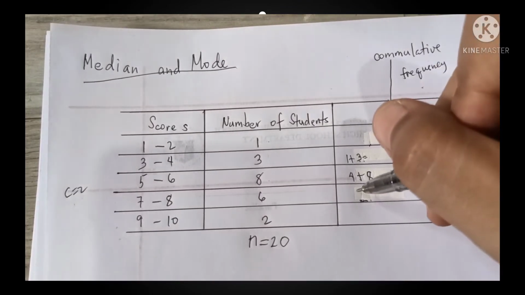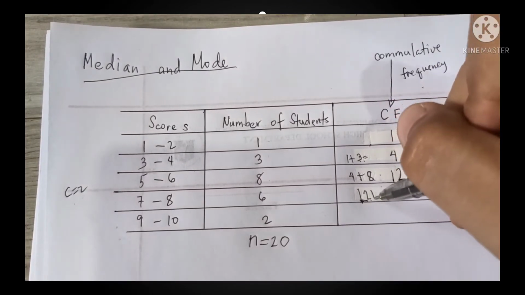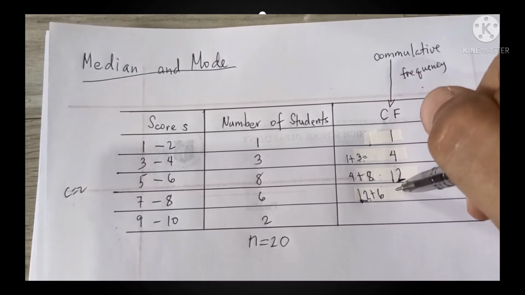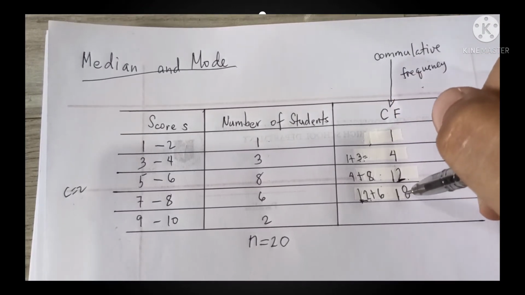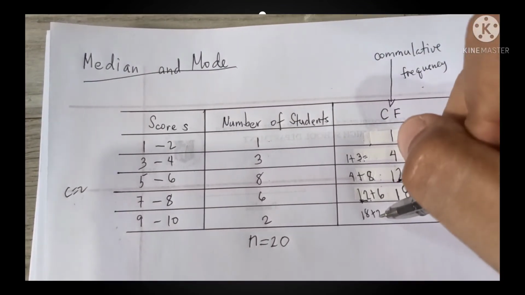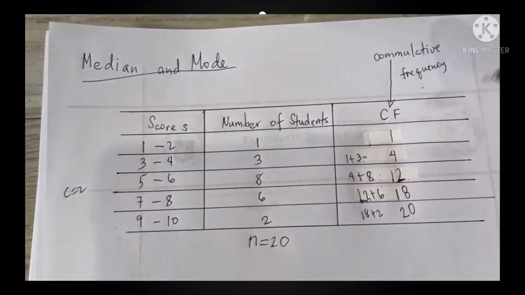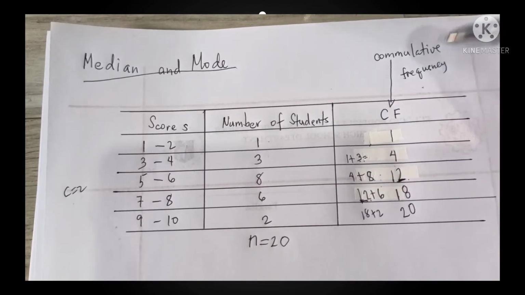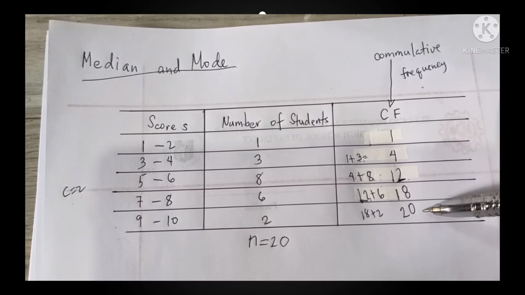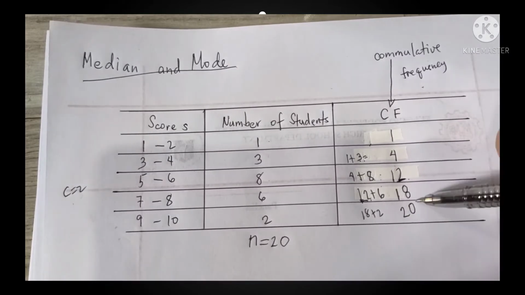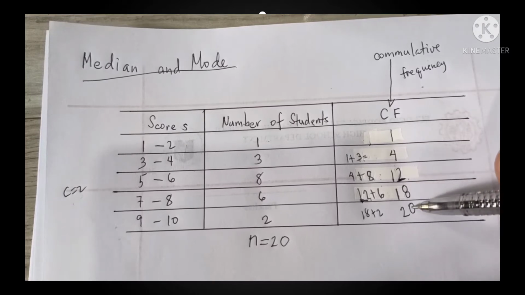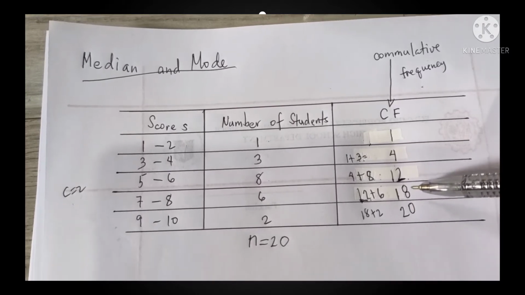Then 12 plus 6 is 18. Then 18 plus 2 is 20. Be sure the end point is 20. If the value is not 20, then there is something wrong with the cumulative frequency.